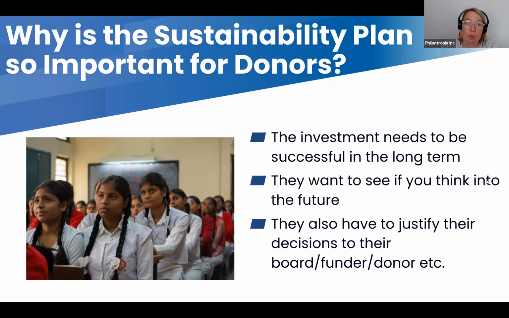But if you do well here, if you really have a great sustainability plan, if you can show that you have thought this through, that you know your target group, that you know the people you want to work with, that you think into the future, that you have financial understanding, then you can really distinguish yourself and really make sure that you're different than all the other proposals that a donor receives.